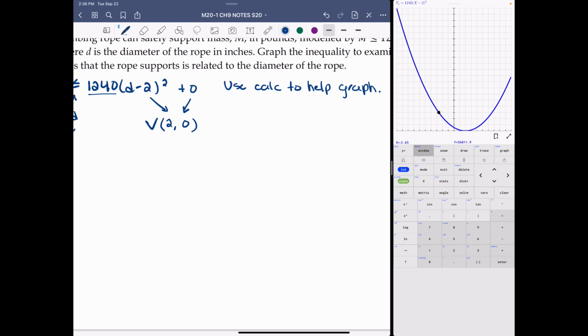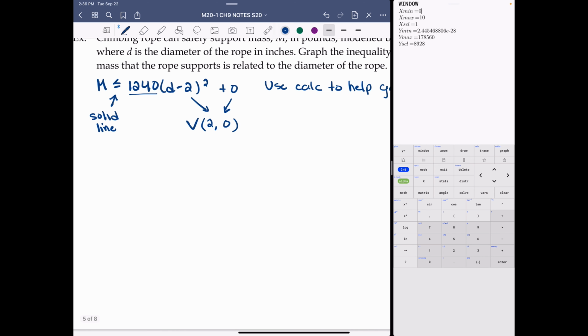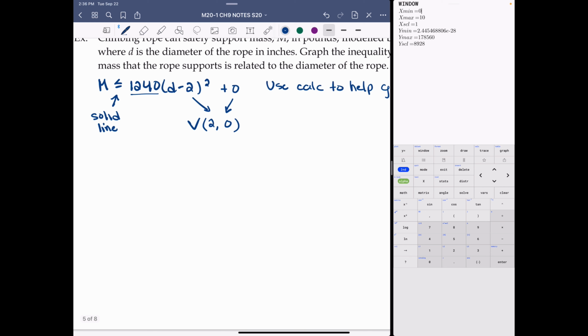So I'm gonna go to my window, just for graphing purposes. I'm gonna go 0 for my x min, because thinking about this situation, x represents diameter in this case. Diameter can't be a negative. So I'll go 0, and I'll stick with 10 for my max.